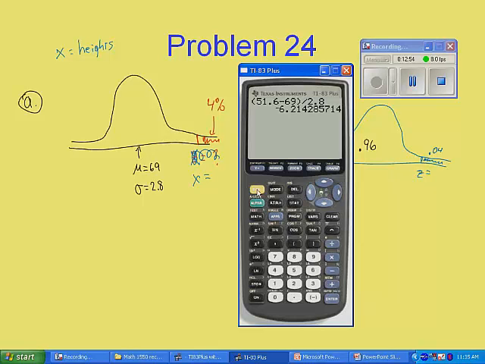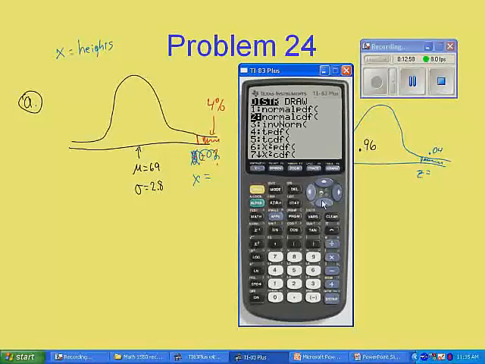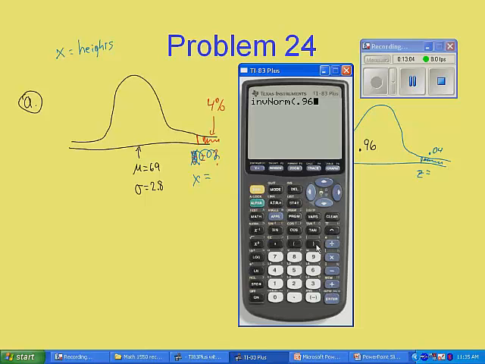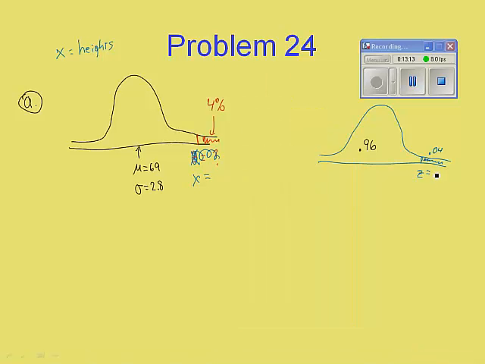So I'll go second distribution, inverse normal, and I have 96% of the area. The question is, what z value do I get? Oh, z is 1.75.